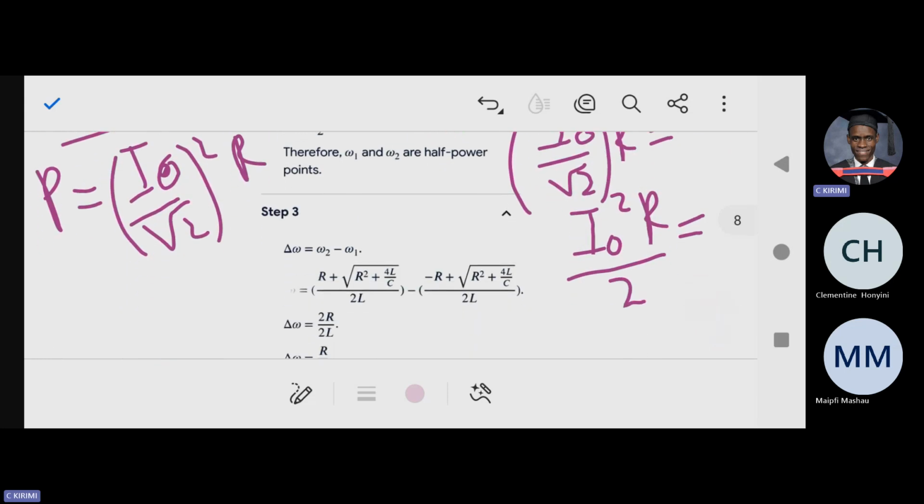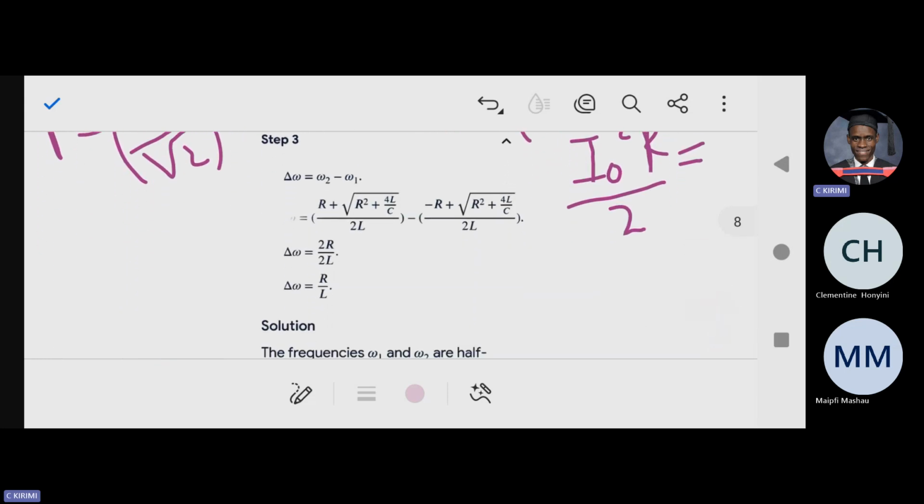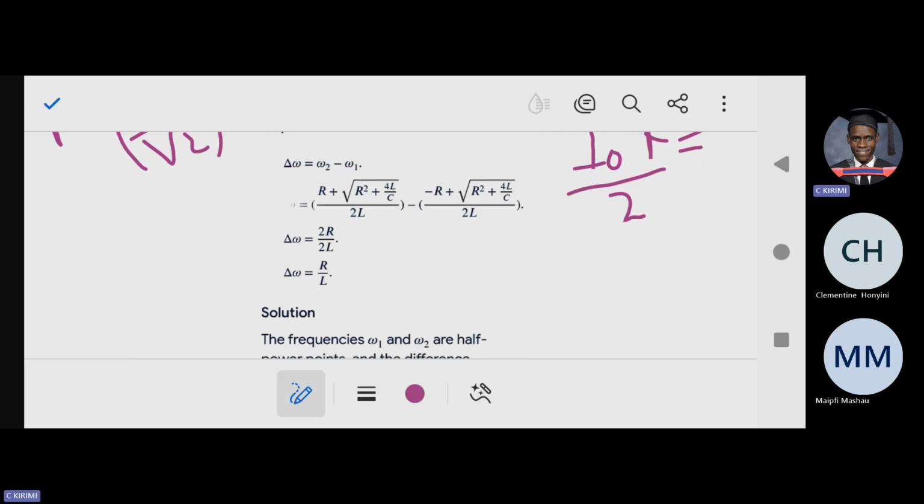When I solve the left-hand side, I find that this I naught squared R is the same as P max.